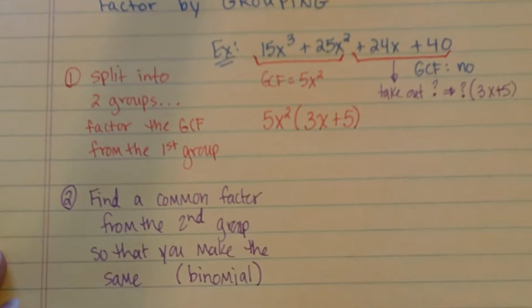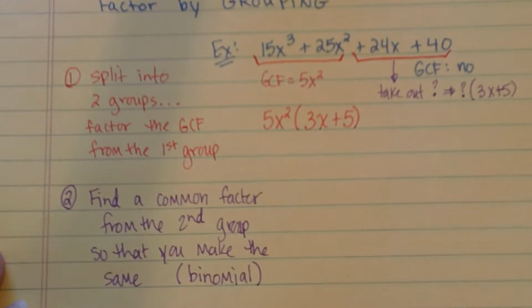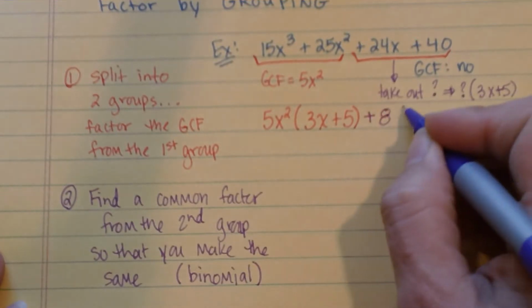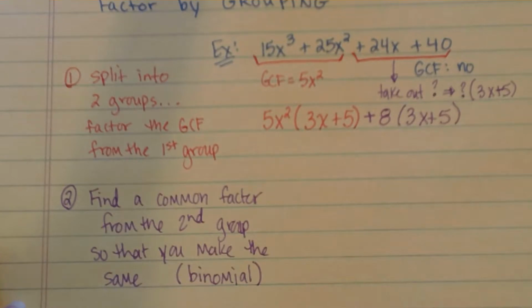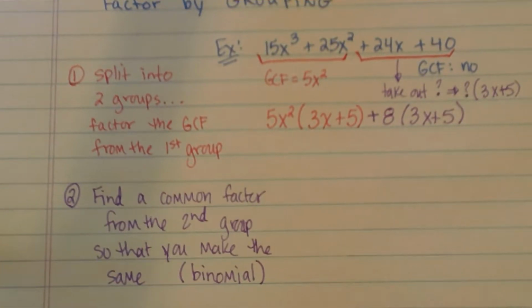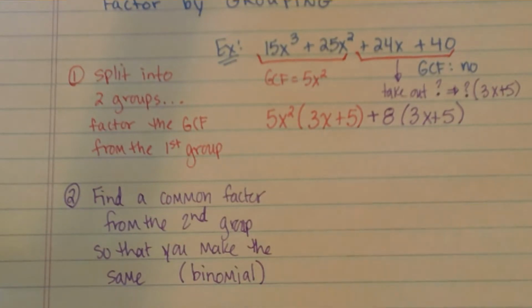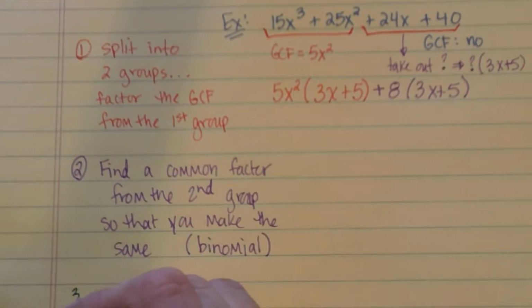In looking at that group of 24x plus 40, it looks like I can take out an 8, and since that's a positive 8, I need to make sure that I write plus 8 times 3x plus 5. Now you may notice that I have a common set of parentheses. That binomial 3x plus 5 appears in 2 places. I'm going to use that in my next step.